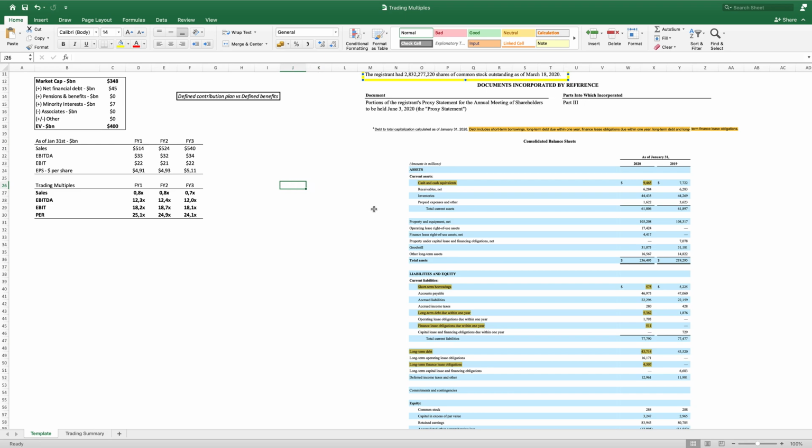And then the last bridge item is something we just call other, just to adjust for the specificities of some industries. For instance, if you are trying to calculate trading multiples of a utility, which sells power and owns power plants, at the end of the lifespan of the power plant, such a power plant would need to be decommissioned, which would result in a cash outflow.